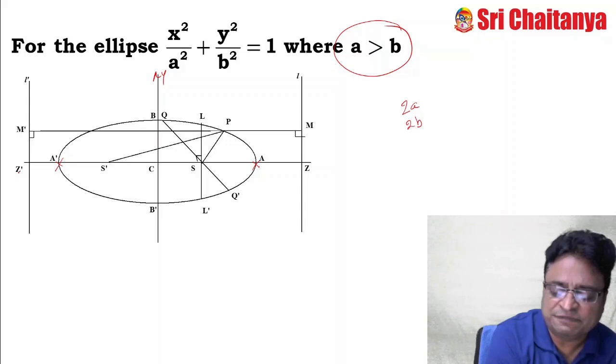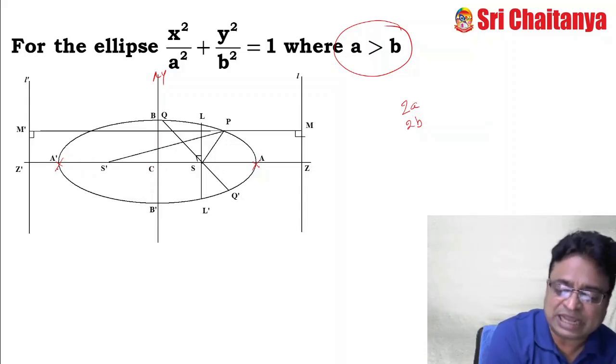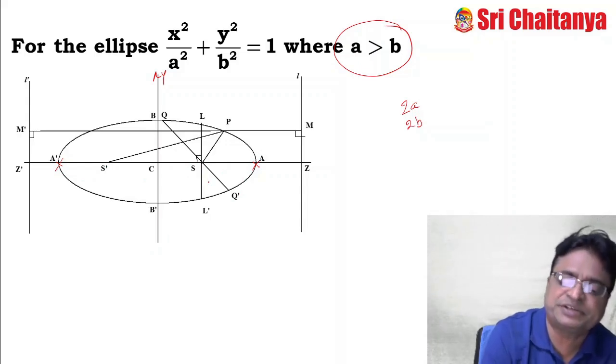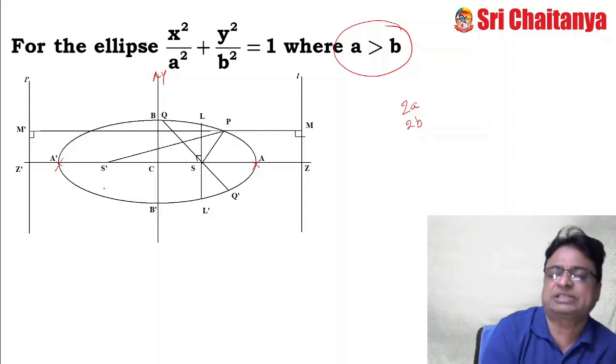And here, the ellipse intersects the x-axis at A and A dash, where C is the center of the ellipse. Then A A dash is called the major axis and B B dash is called the minor axis. If a is greater than b, then the picture of the ellipse is like this.